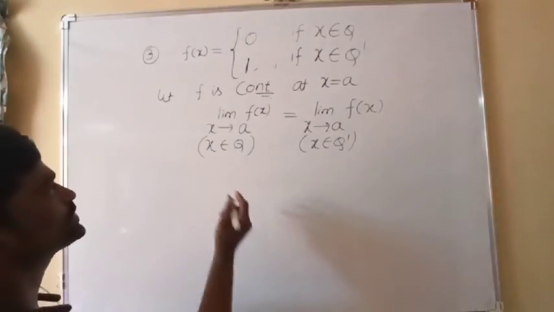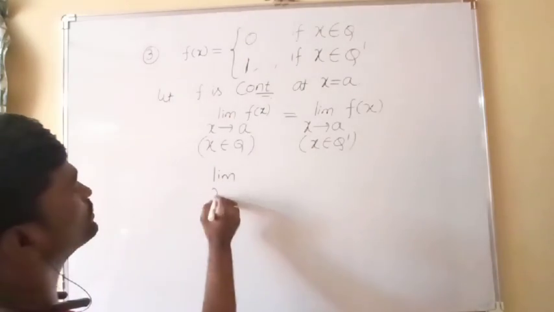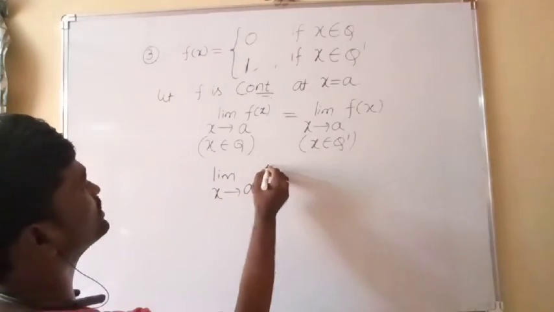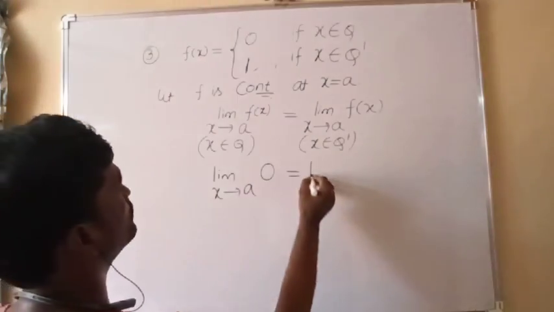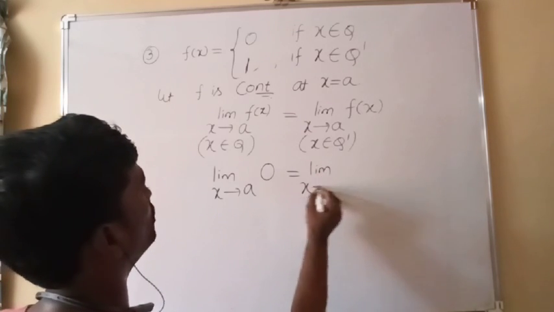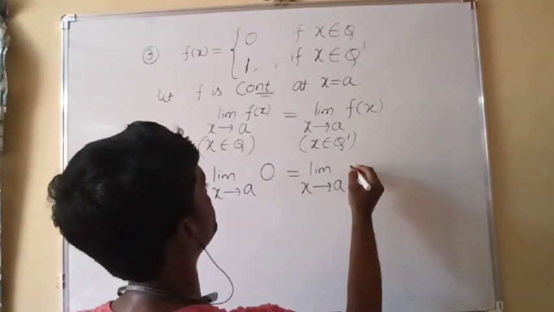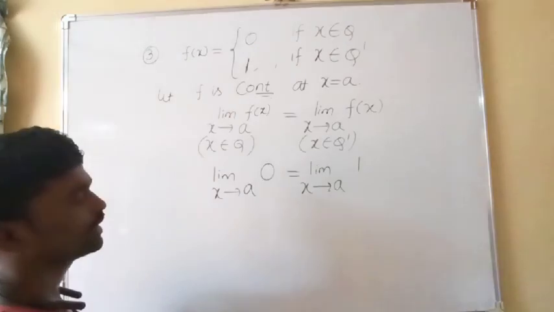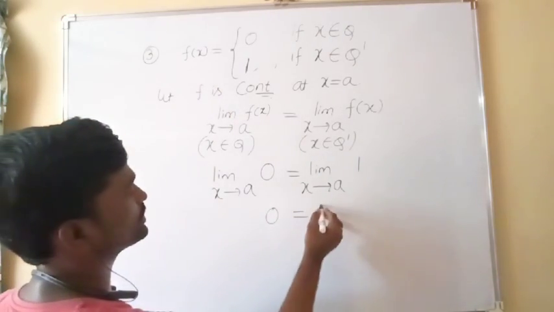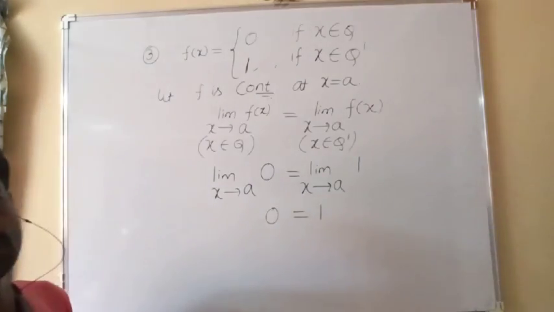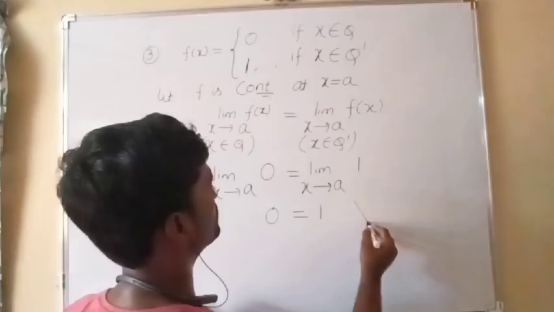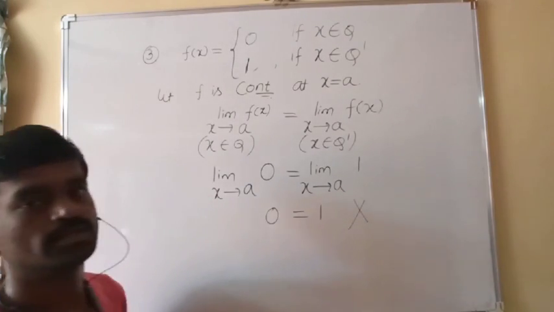So same steps. Then what will you get? Limit x tends to a when x is rational, function definition is 0. When x tends to a and x takes only irrational values, function definition is 1. Then applying the limit, what will you get? 0 is equal to 1. Is it true? So it is false.